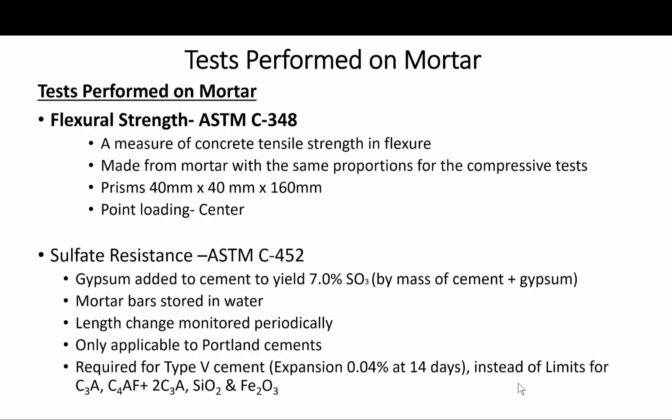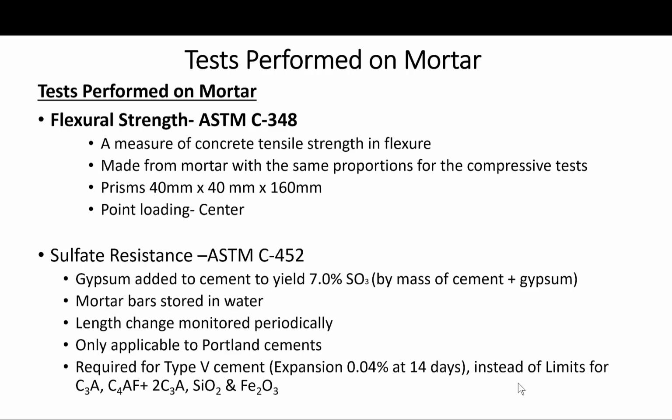Okay, the other test I said I will mention is the flexural test. The flexural test, which is really a measure of the tensile strength in bending, has gained popularity lately, particularly in Europe.